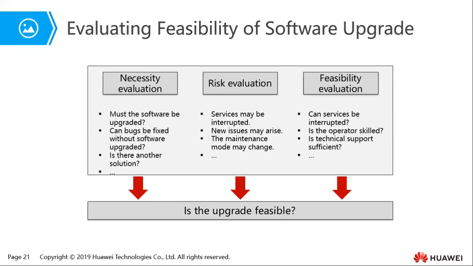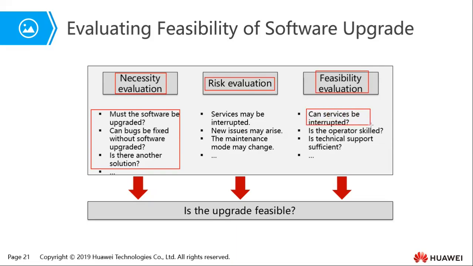Now let's look at this, evaluating feasibility of software upgrade. So in feasibility, we want to first of all check the necessity evaluation. We have already talked of some of the reasons why we might need to upgrade. So you need to check, is it necessary? Why are we doing this? Then evaluate the risks. Then evaluate the feasibility.